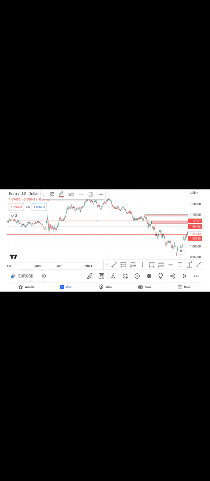This will be what we call a support and resistance kind of line, right? So I'm going to do another for the one here. As you can see, we still need to adjust this a bit.